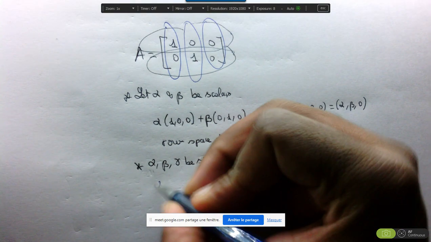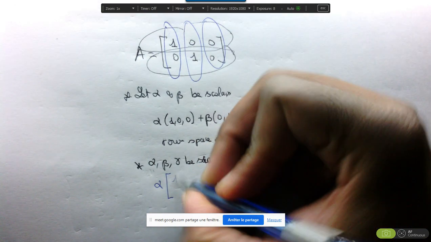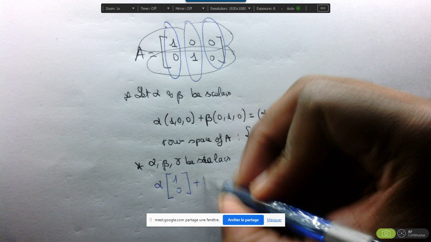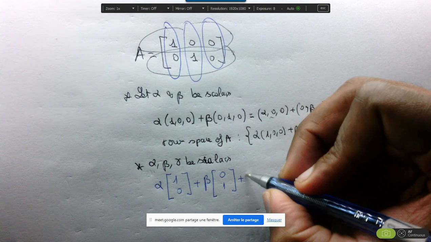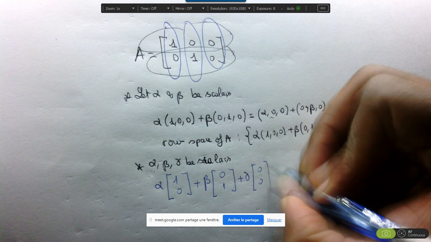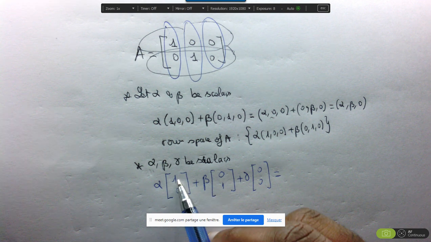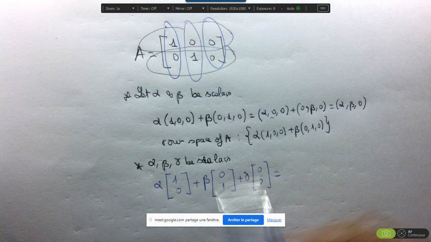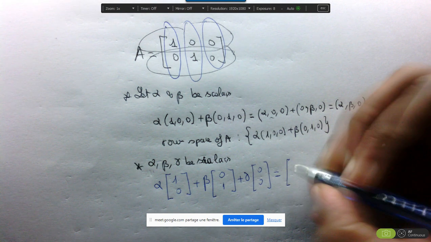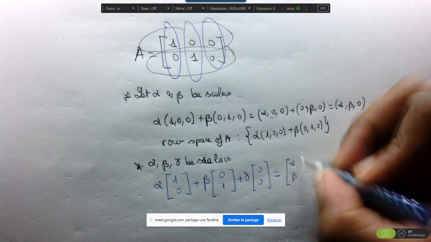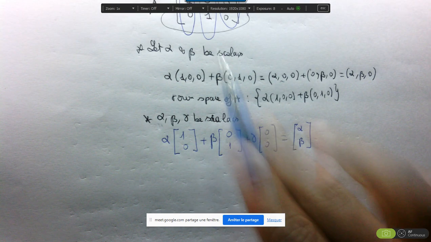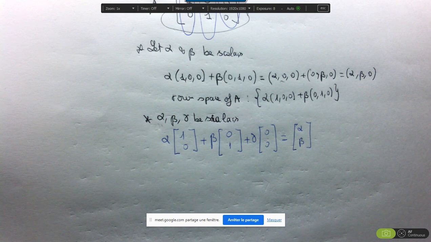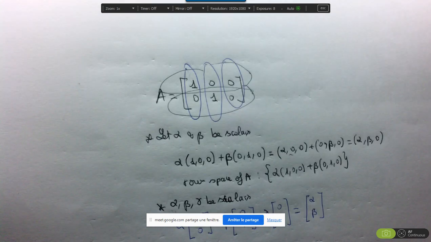So alpha, the first column, plus beta, the second column, plus gamma, the third column. If I multiply the alpha here and beta here and add everything, I get the following: alpha and beta. So the set of all of the possible linear combinations of the columns of my matrix A will represent the column space of A. Okay, so that's the concept in a nutshell.